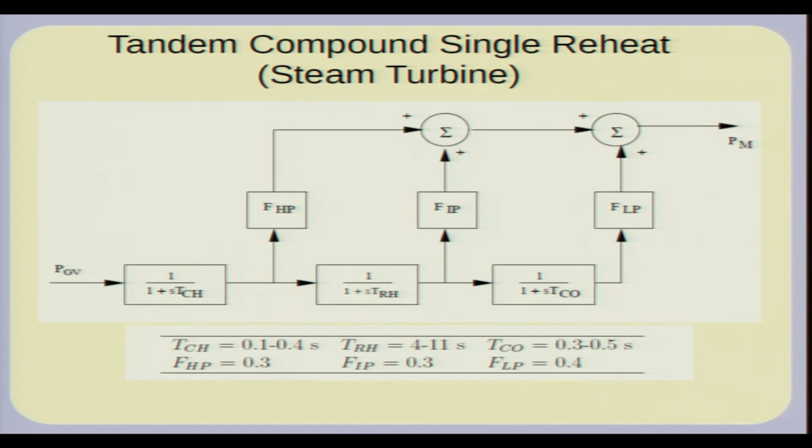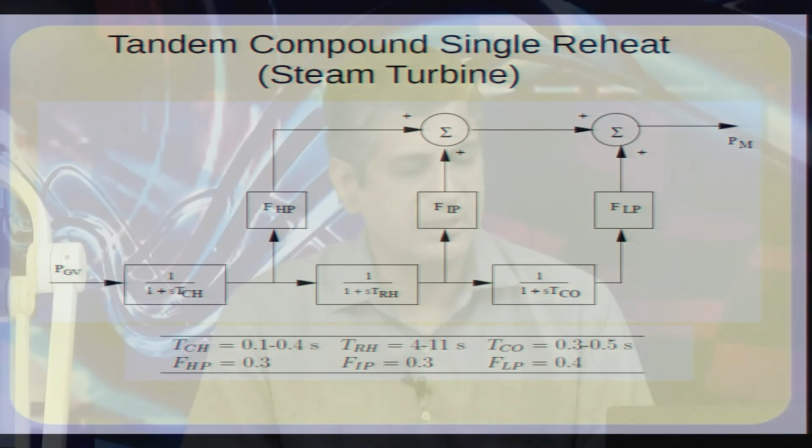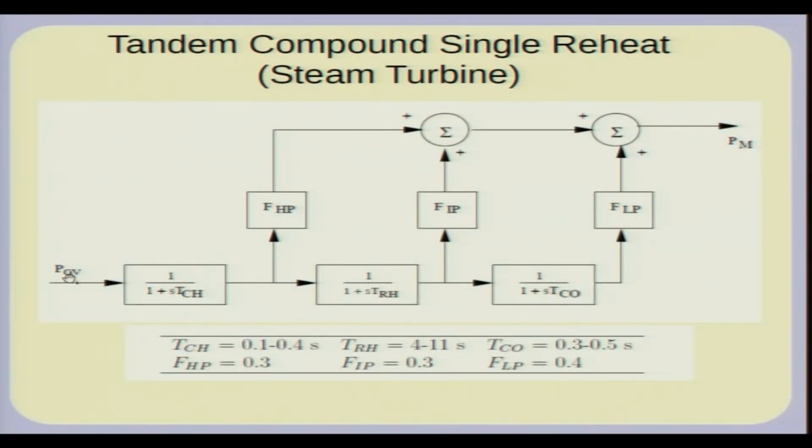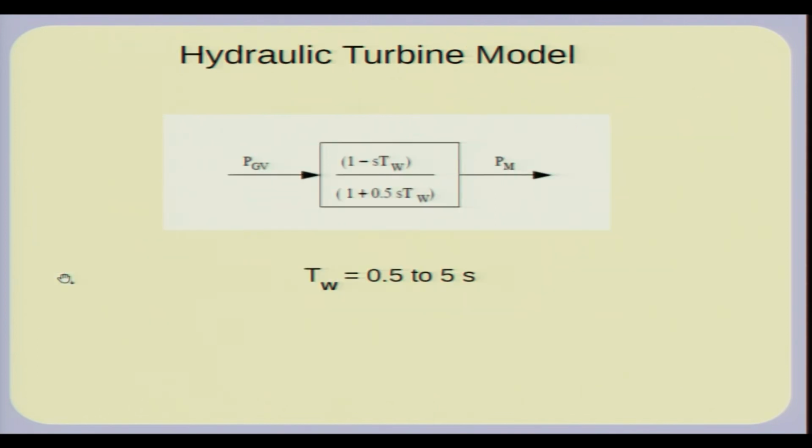In addition, the control system actually changes the valve position. Okay. For a hydro turbine, a very simplistic model, again for small changes, is a simple transfer function of this kind.